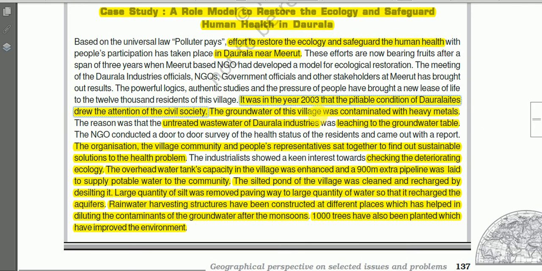So lots of problems were there in the Daulara village. The groundwater of this village was contaminated with heavy metals, for example arsenic and lead, due to leaching of untreated wastewater to the groundwater table.